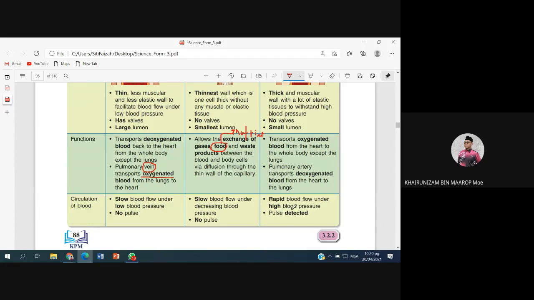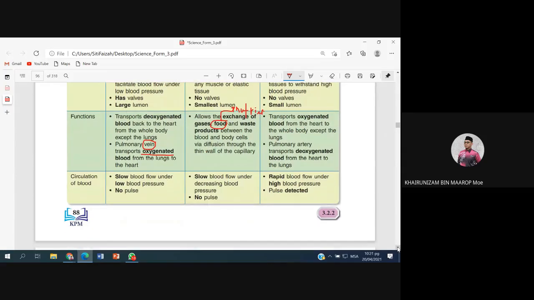Okay, pulse is the contraction and relaxing of the artery, to make sure the blood will be delivered until the end of our body parts, such as our finger, our toe, and our head, because we have another pulse here. Okay, later we will learn about the pulse.